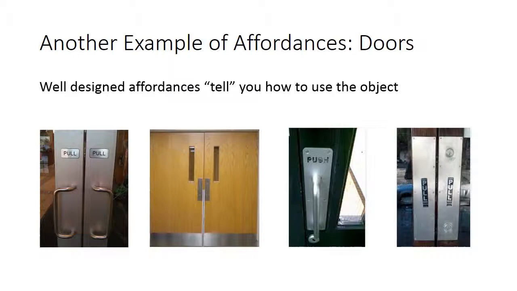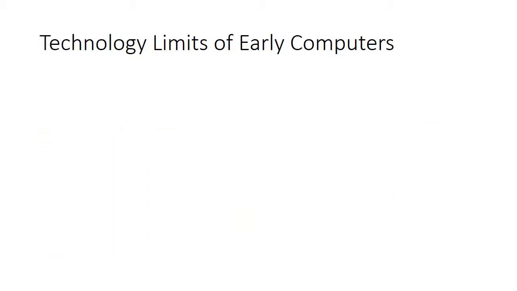Okay, so again, I want you to understand what the idea of affordances is, and then we can talk about how affordances have changed with the mental images over the past 30 years. One of the main challenges of designers is to overcome the limits of the technology. And again, I've been working with computers for 25 years, so I've really seen how mental models have evolved in terms of computers. I mean, think back to those early computers.